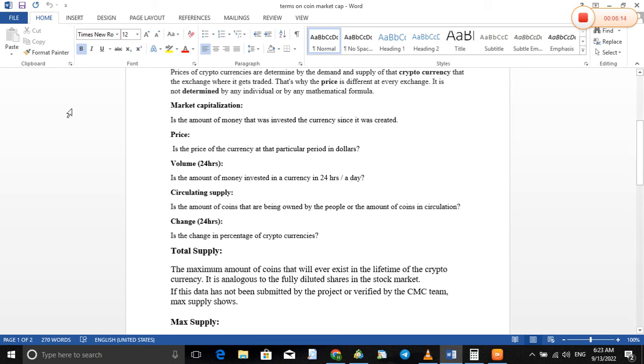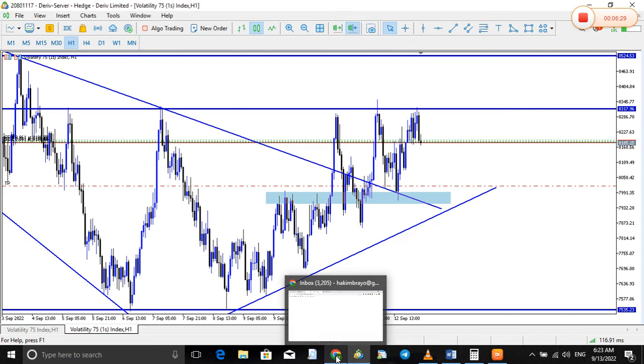Another thing is called price. It is the price of the currency at that particular period in dollars. If I focus on Bitcoin, let me try loading Coinmarketcap.